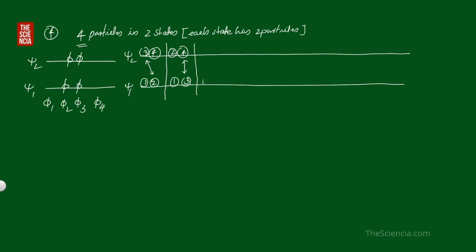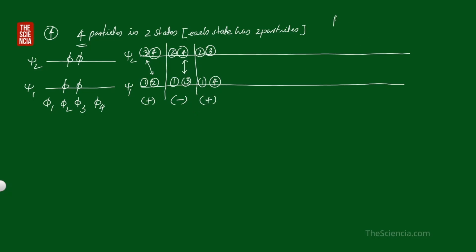That is, 1, 4, 2, 3. And I told you, suppose this is plus, then when we are using this particle exchange operator for an asymmetric state, this becomes negative. Okay, and again I am using the particle exchange operator, so I'll get a positive sign.